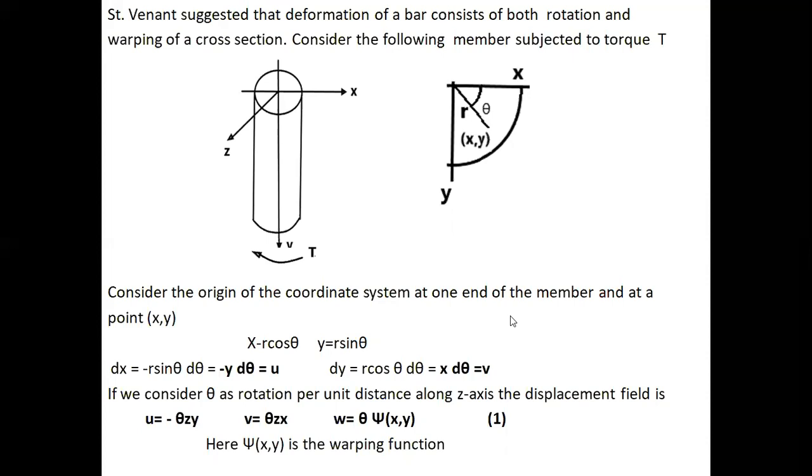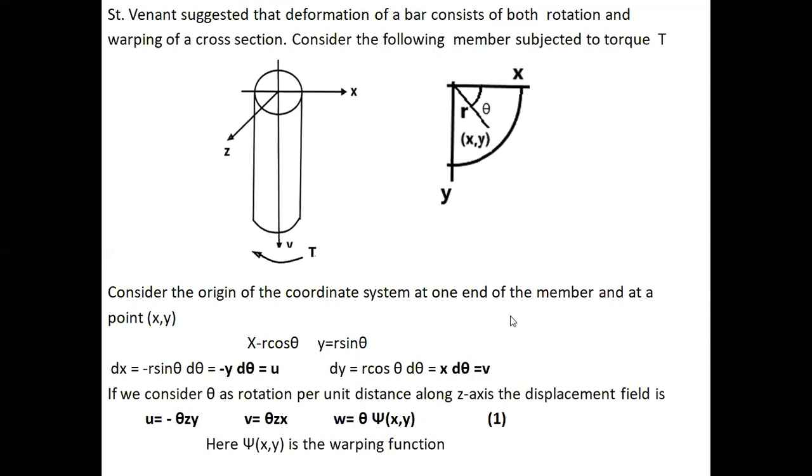So here, at a distance of radius r, x is equal to r cos theta, y is equal to r sin theta. That is quite simple. Now differentiate this: dx becomes minus r sin theta d theta, that means minus y d theta, and that is equal to u, because for displacement in the x direction we normally assign u.